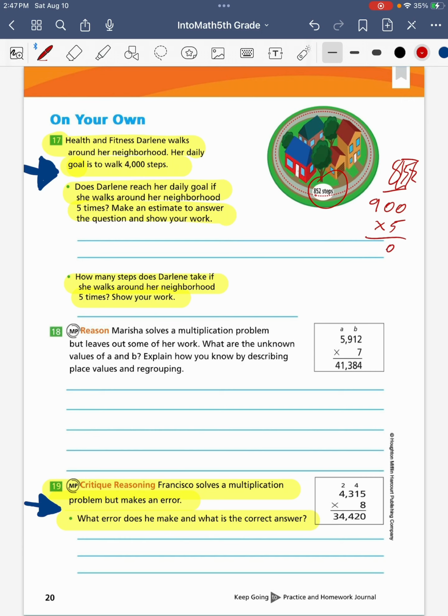5 times 0 gives me a product of 0. 5 times 0, another 0, and then 5 times 9 equals 45. Based off my estimate, I do believe that Darlene can reach her daily goal.